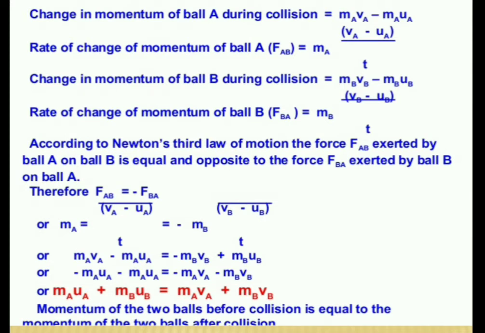Here MA UA shows ball A before collision, and MB UB is also before collision. After collision we have MA VA for ball A and MB VB for ball B. So the momentum of the two balls before collision is equal to the momentum of the two balls after the collision. Thank you, students.